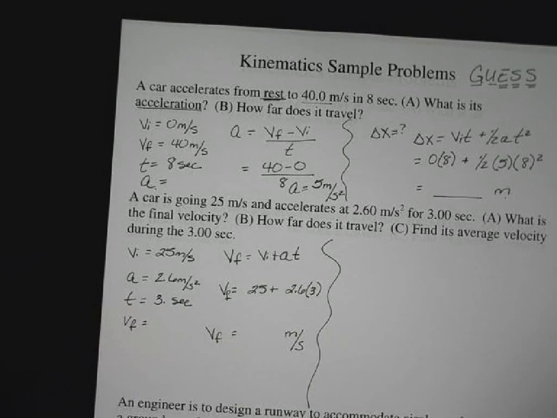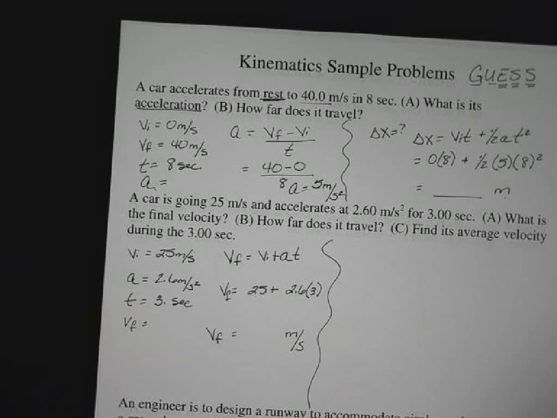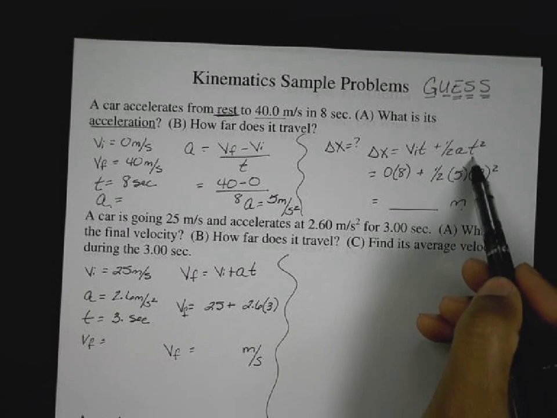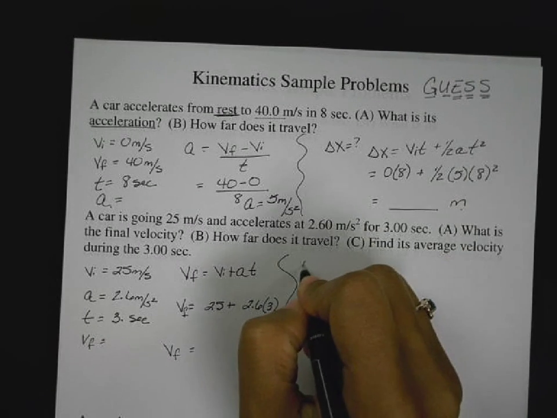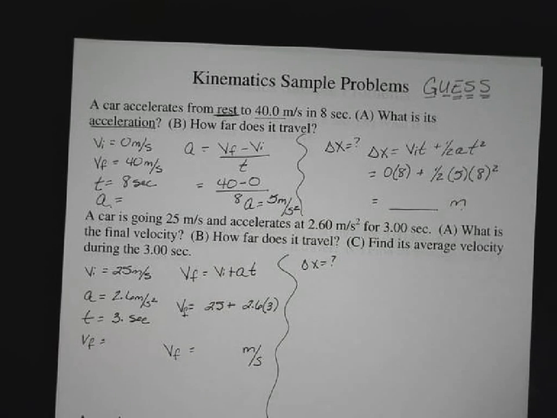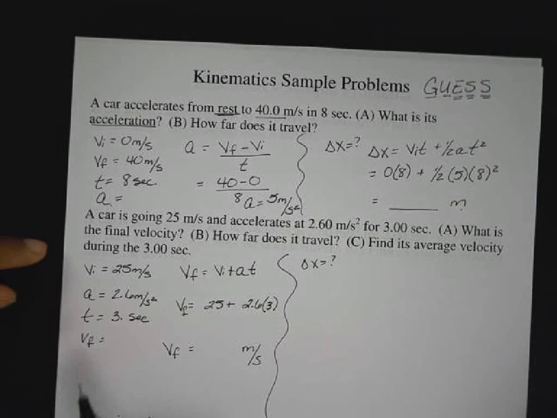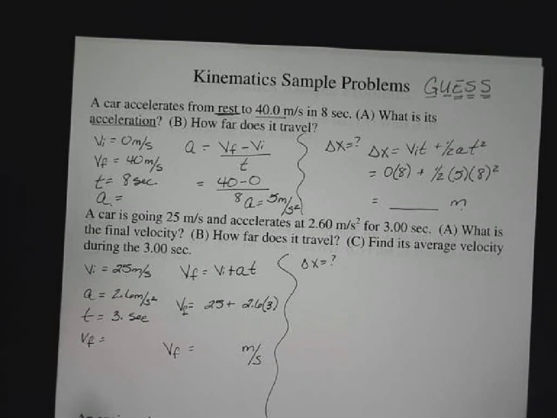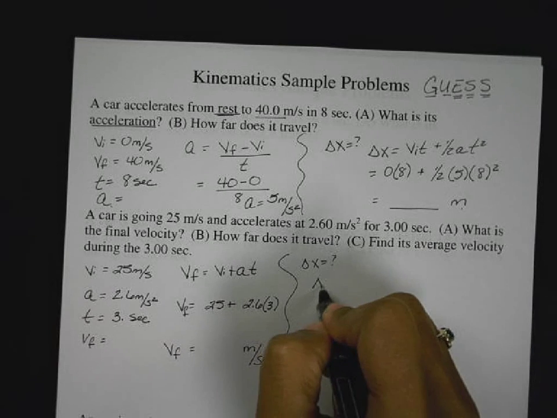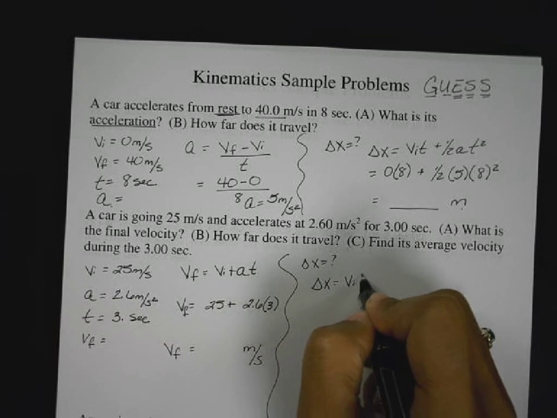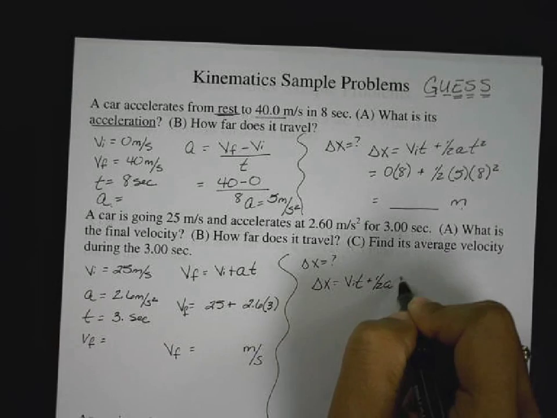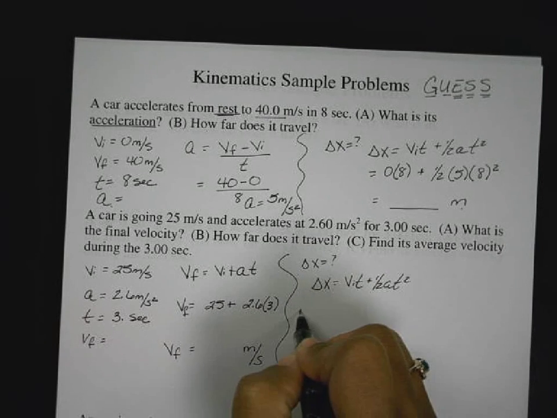There you go. B wants to know how far does it travel. Well, again, I can go ahead and use that guy. Nice and easy. I'm solving for delta x. I've already listed my givens once, and the problem hasn't changed, so you don't have to list your givens every time. As long as you have them listed once, and you're working on the same problem, then you're fine. So I can say delta x is equal to VIT plus 1/2 AT squared.